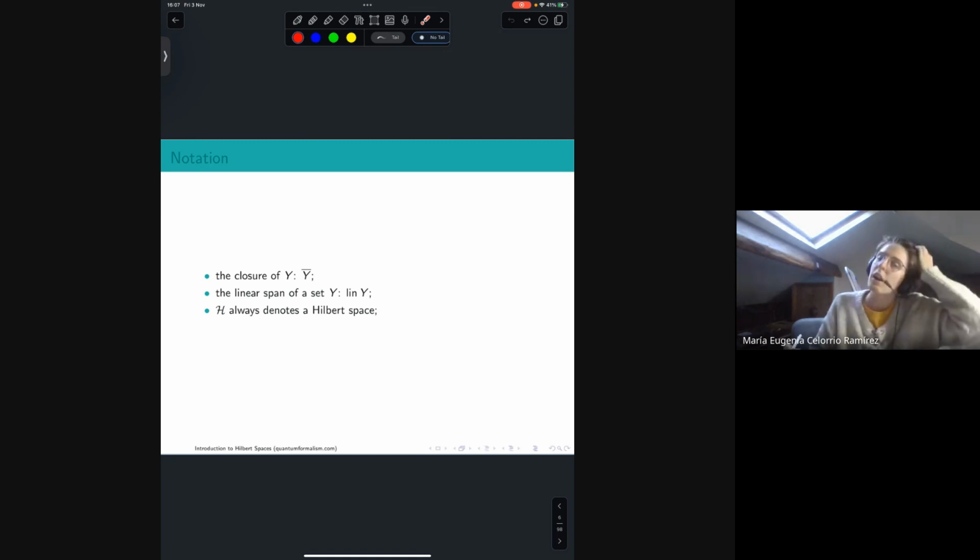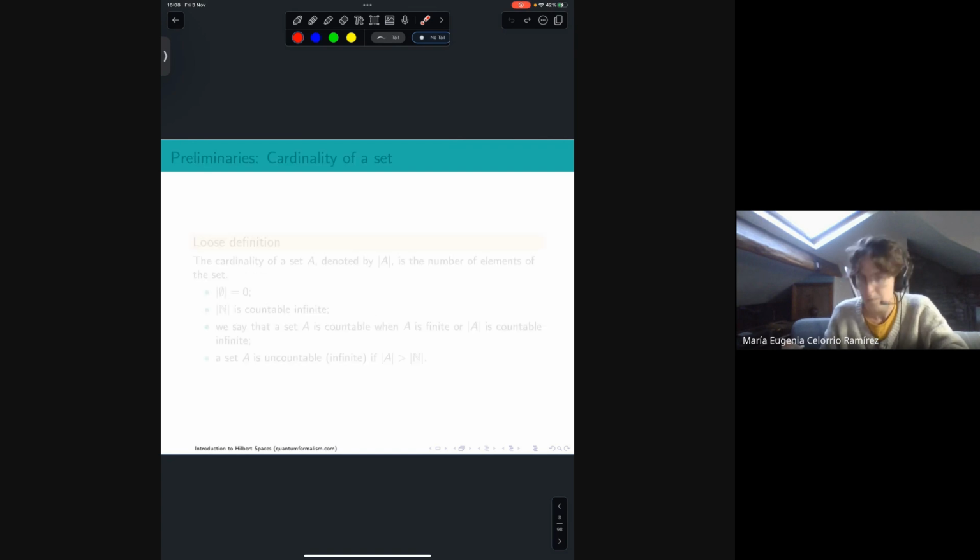In the previous talk, I said that it was a normal H, but that can lead to confusion with Hermitian operators. So let's stick with this one. That's all for the notation. It's not a lot, just bear that in mind.